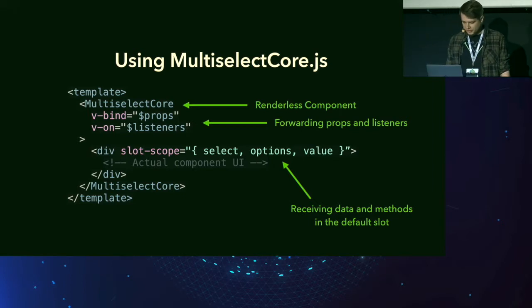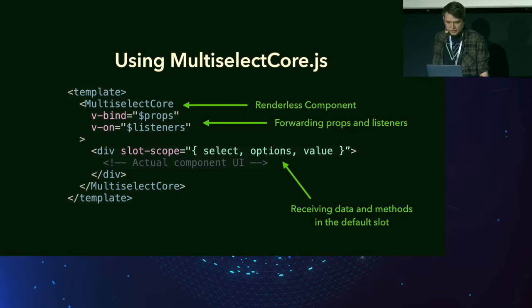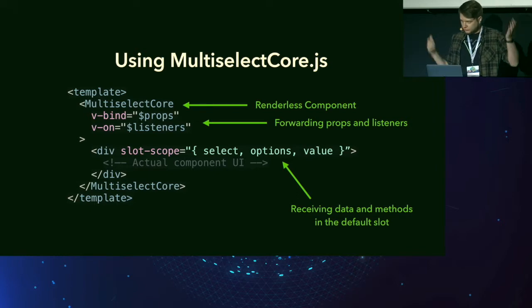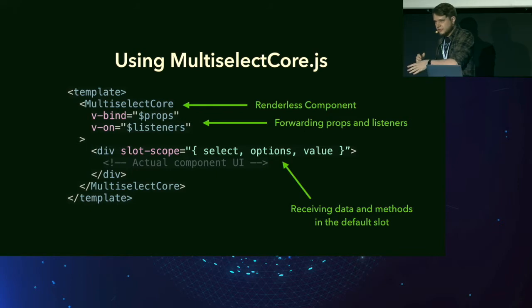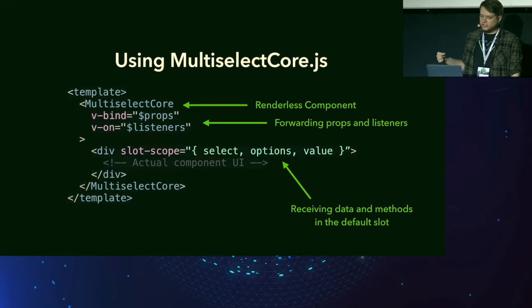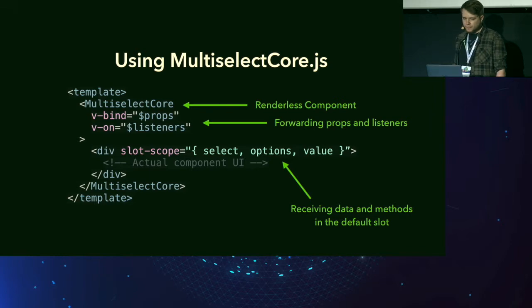So what we are doing here, I don't know if there's a pointer, but the first arrow is just the declaration of the component, and the second arrow points to a way that you can forward all the props and listeners to the core, so that you can build a wrapper component that will put all the props and listeners that you had set on it onto the renderless core, so the renderless core can take care of managing those props and managing the listeners.